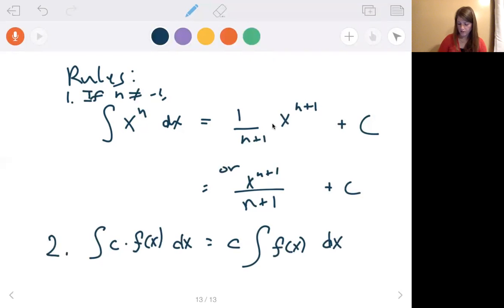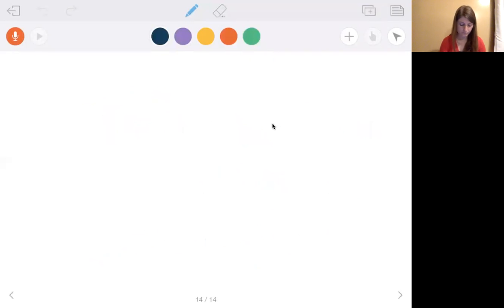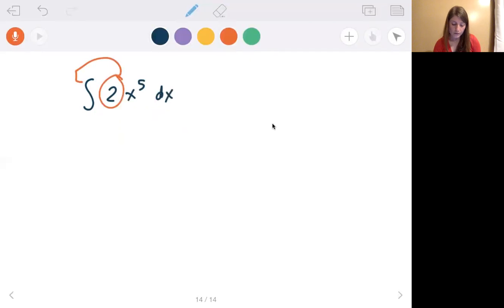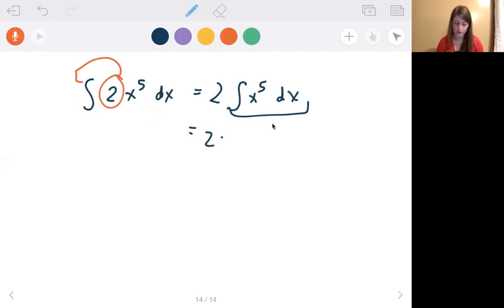So, for example, this is what we were utilizing when we said, let's integrate maybe 2x to the 5th in this example. So when I think about this 2, I'm basically saying ignore it and focus on the x to the 5th. Formally, that means we can actually write it with the 2 on the outside to help us visually separate what's going on. And then that allows us to bring that 2 down and focus on the x to the 5th portion.